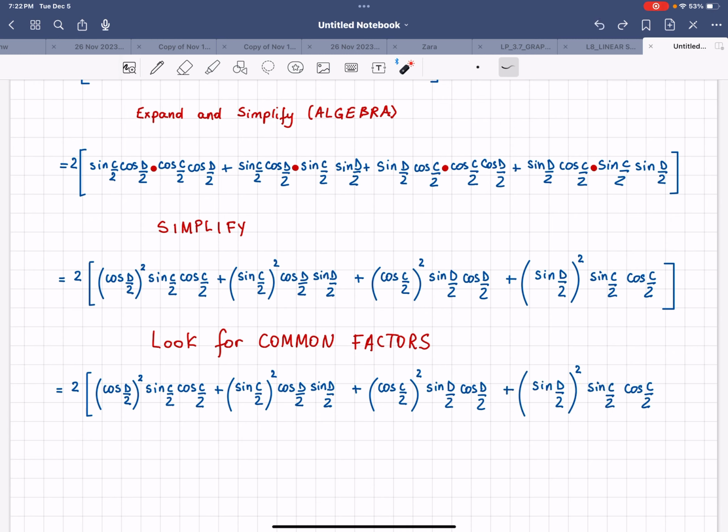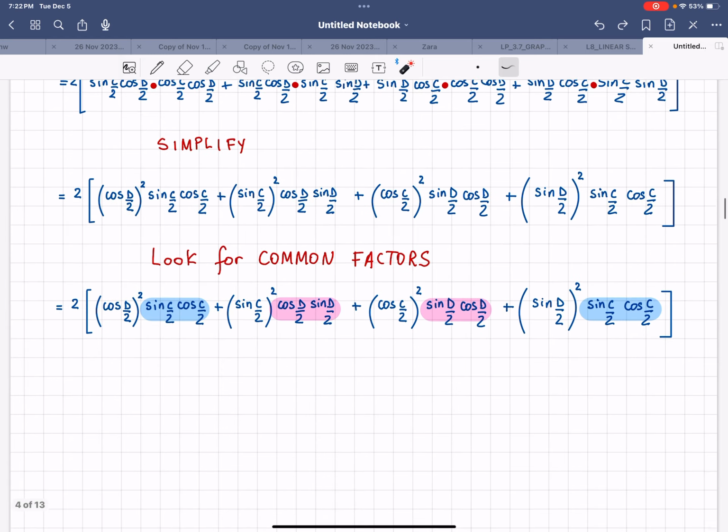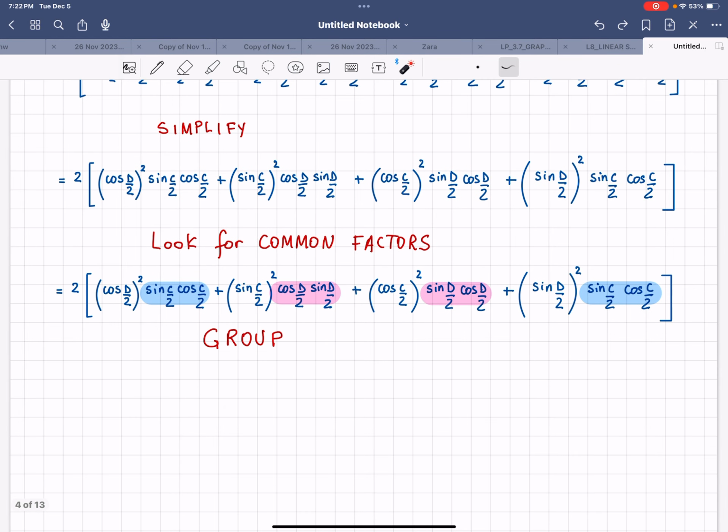And that's why I'm going this fast, because all I'm doing is rewriting all the terms, and I'm bringing close to each other only the terms that have something in common, anything in common. And next, we have to look for the common parts. Now we have to group them.